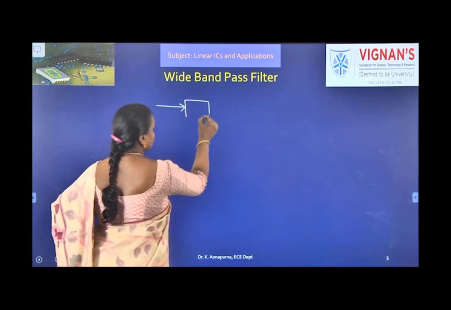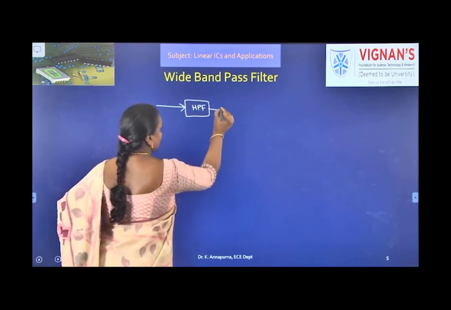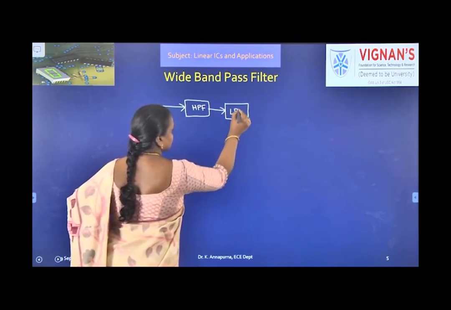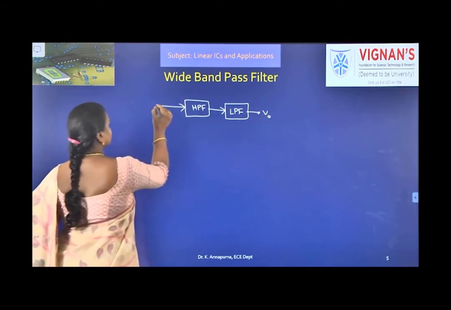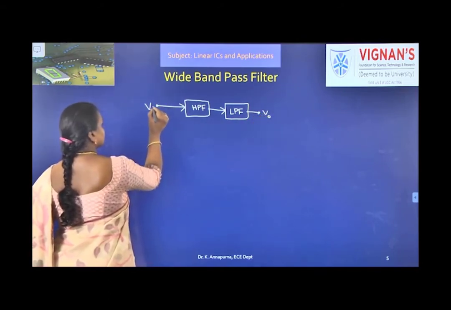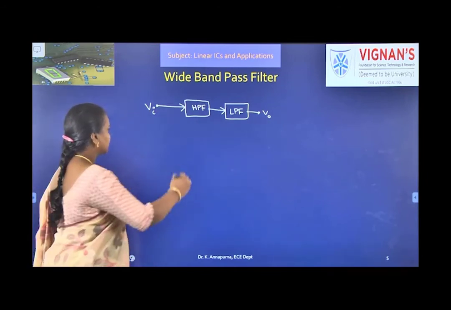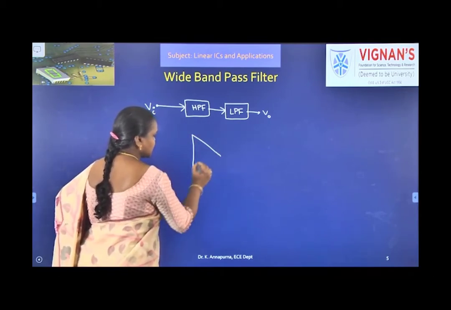A high pass, and its output is given to low pass. Now let us consider the first order low pass and high pass filters. The circuit diagrams we have already discussed in the last class.